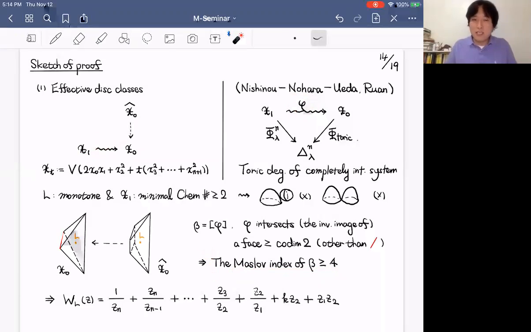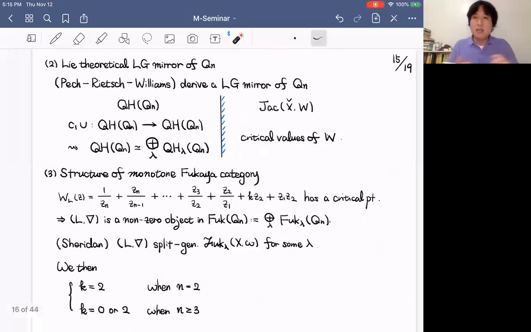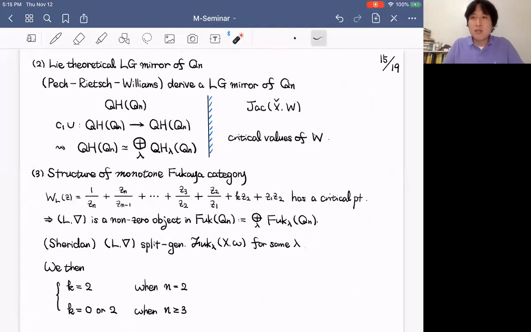So in sum, our potential function has contributions from the facets, together with some contribution on this component, but we do not know the actual counting invariant at this moment. To determine the counting invariant, I collect some facts from mirror symmetry and the Fukaya category.